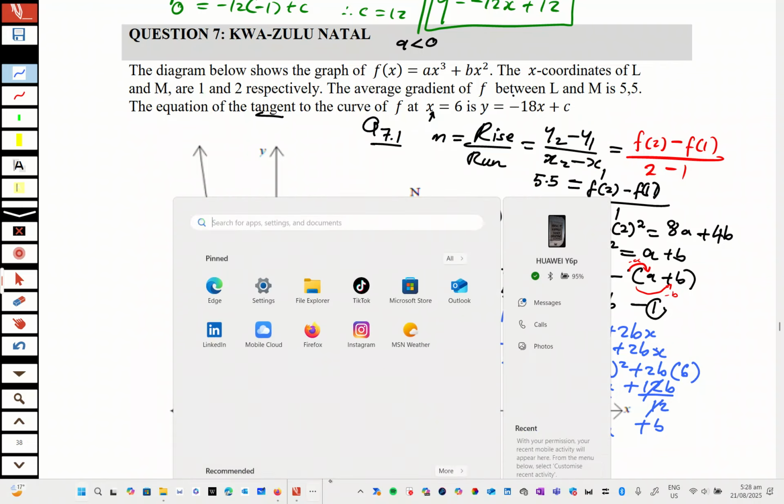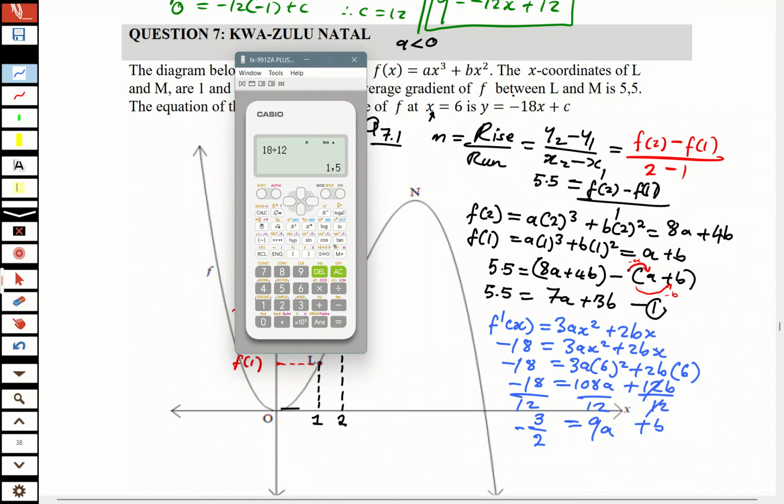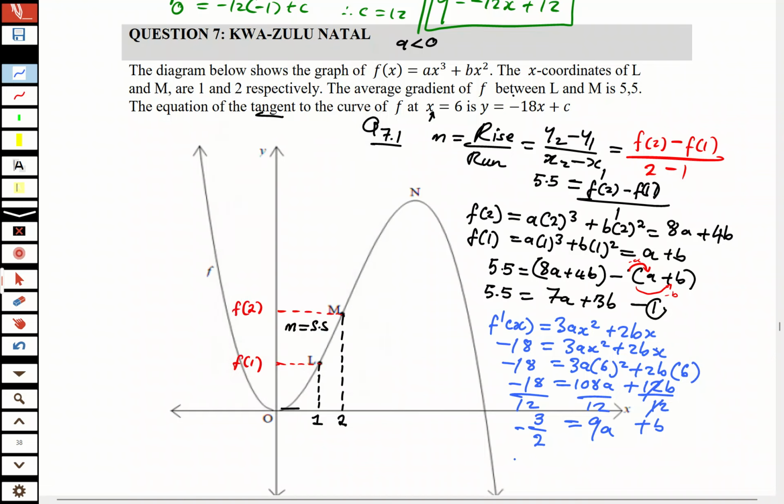So now let's turn that into a decimal. Just click that button, you'll have 1.5. So this means I can erase this. Now we don't want to waste space and time. So it is 1.5, but don't forget the negative 1.5 there. You want negative 1.5 because we saw that we have a decimal there.